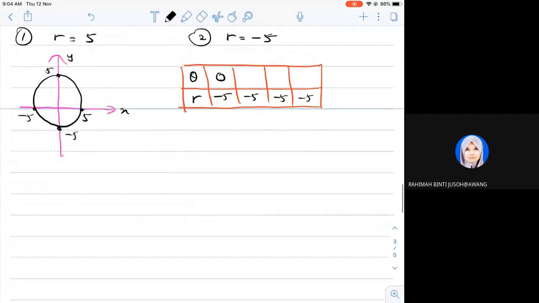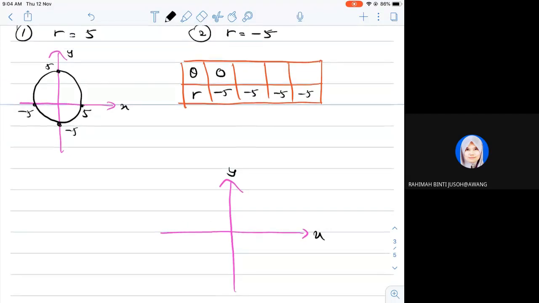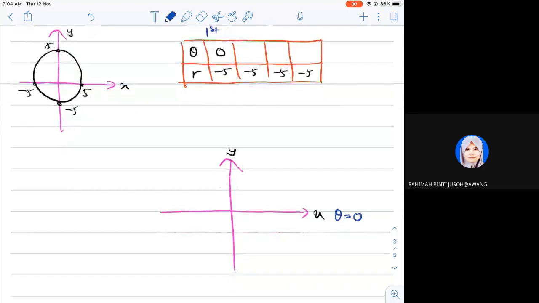Now I plot the axes here and here, x and y. Let's say this is the first column, theta equals 0. Theta equals 0 is here, on the positive x axis.